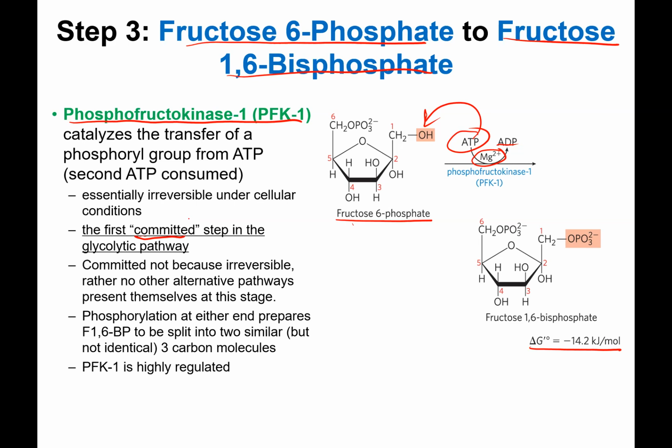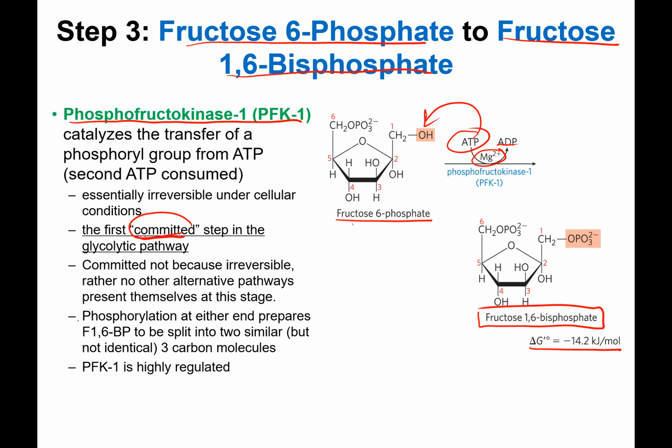Once we have fructose 1,6-bisphosphate, it has no other fate than to go on and continue through glycolysis. And that's what we mean by committed, not exergonic, not irreversible, but no other siphoning or other direction to go to. You can't run away from home at this point. You got to go through glycolysis.